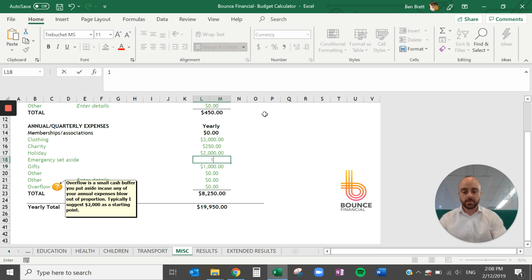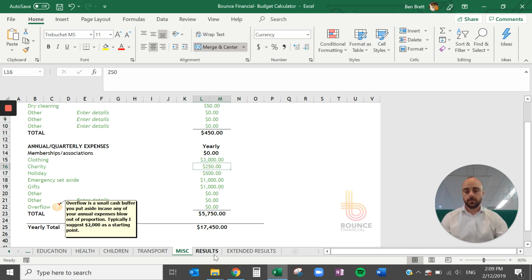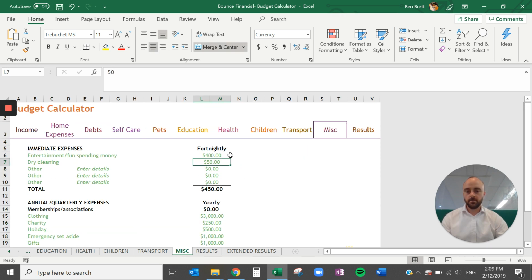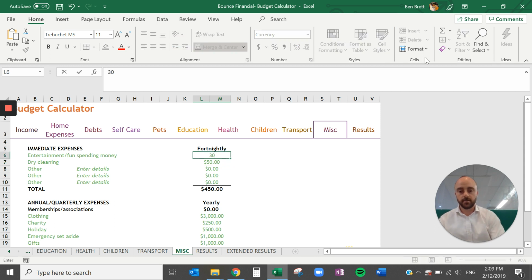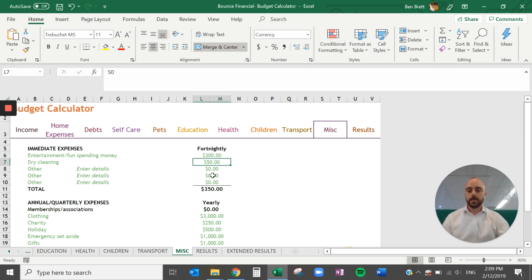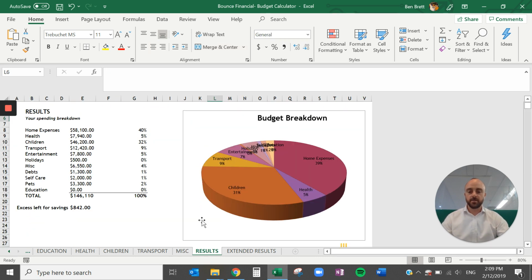Put our emergency set aside to 1,000. Our holiday to 500. Unfortunately, things are going to be very unpleasant for them. Okay, dry cleaning's got to remain. Let's say 300 a fortnight. So this means there will be $75 each per fortnight, which is going to be a tough budget.